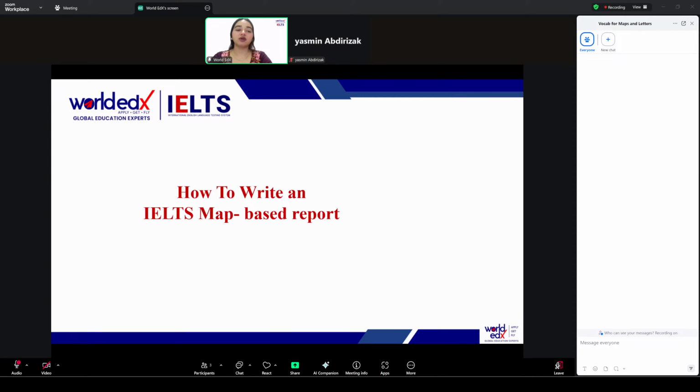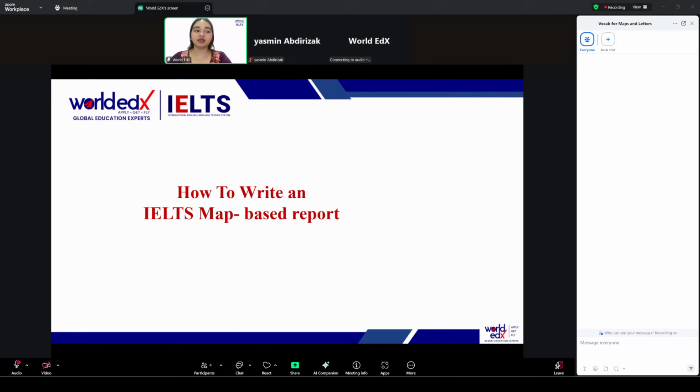Now, when we talk about how to write a map-based report in the IELTS, you know already that in the writing task 1, which is report writing, you can get a singular pictorial representative graph, or a combination of several graphs, like 2 at max. So you could get a combination of a bar chart and a pie chart, or 2 pie charts, or 1 line graph and 1 map.